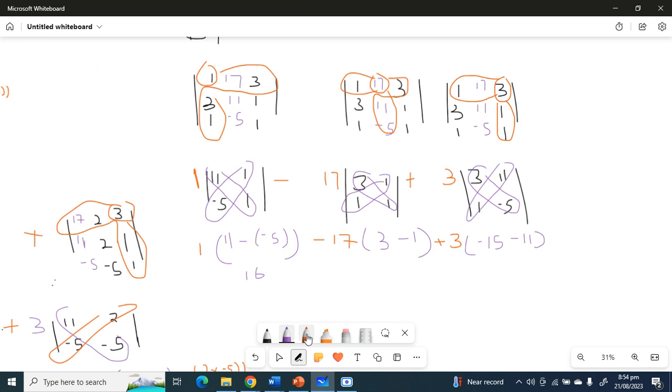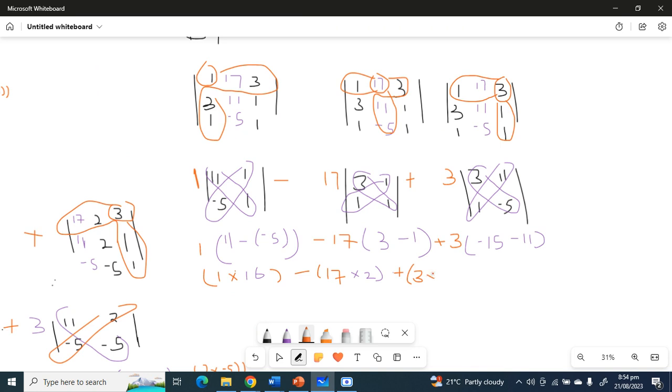So here we have 1 times 16, minus 3 minus 1, that is 2. So we have 17 times 2, plus 3, negative 15 minus negative 11, that is negative 26.